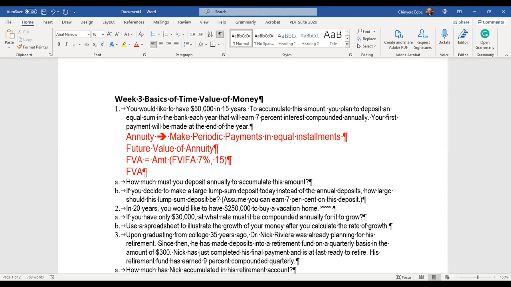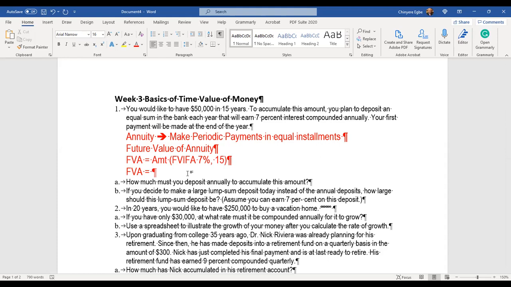You can also look up the future value interest factor for an annuity from a table, which I really prefer that you learn how to calculate. So let's just be patient and walk through this formula.